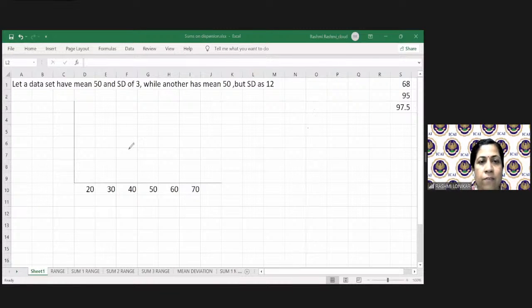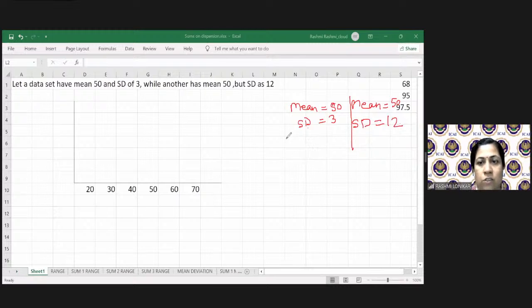So I have the mean equal to 50. For the first, the standard deviation is 3, and for the other, the mean is also 50 and the standard deviation is 12.